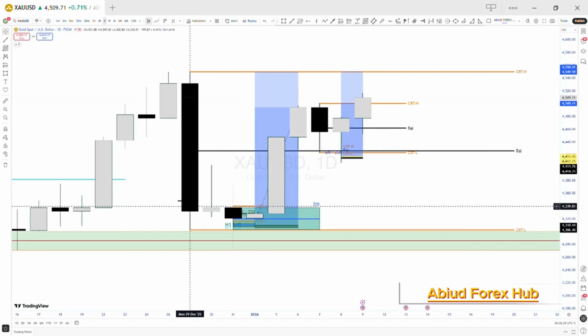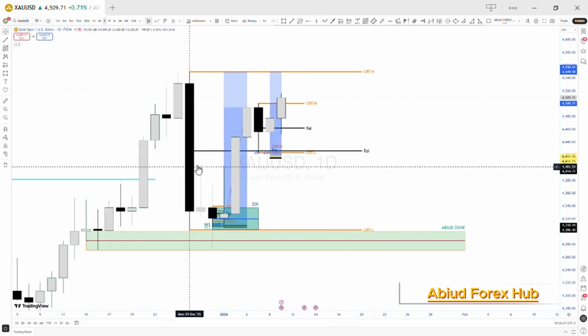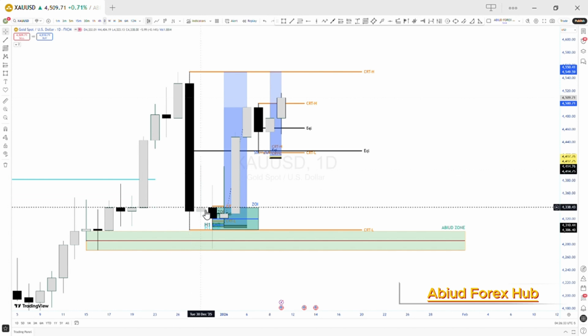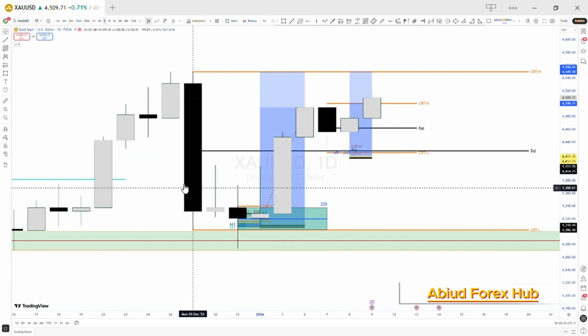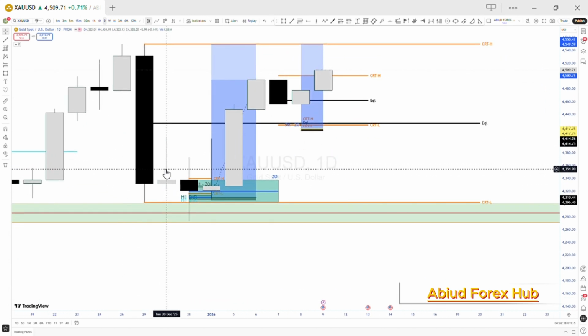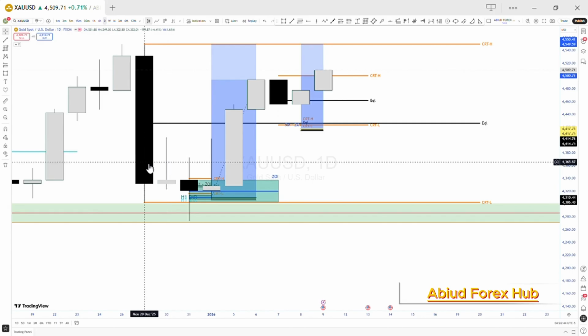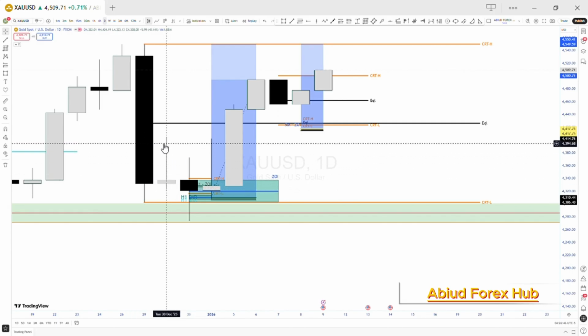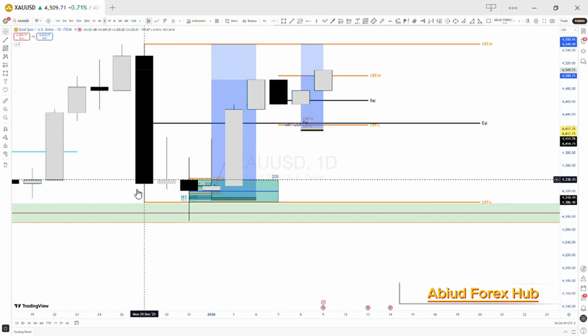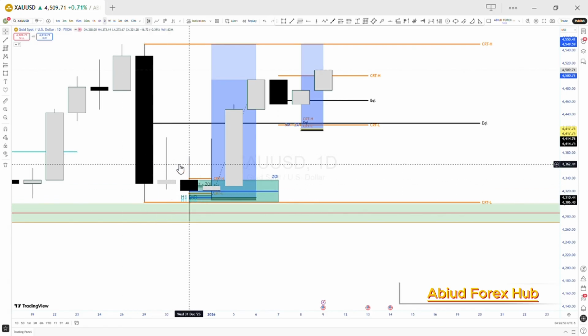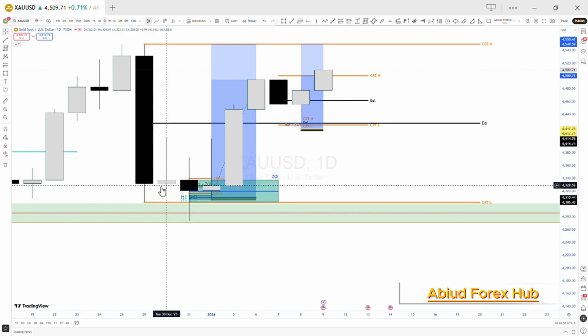Therefore I got this candle, which was on Monday 29th December, and then from there I waited for it to be rejected, and I had to wait for another three days for it to be rejected. And the other thing which makes it high probability is that we have this inside candle within the CRT, and therefore this gives it a high probability.